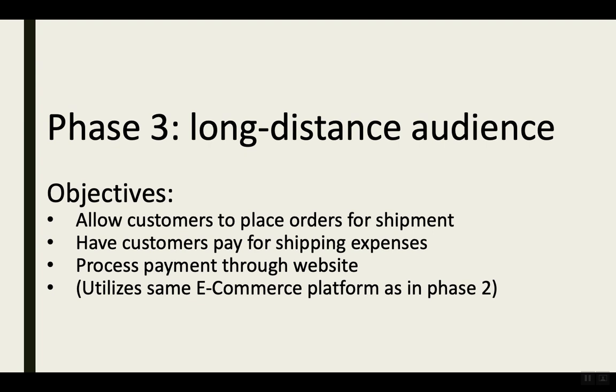The other way, you can just have an account with them and pay them once a month after all these orders go out. Process payment through the website. Utilize the same e-commerce platform as in phase 2. So phase 2 will build a platform that actually will accommodate this. So let's say we turn that on, or we just put a page saying shipping to you, coming soon. Get people excited about the possibility.